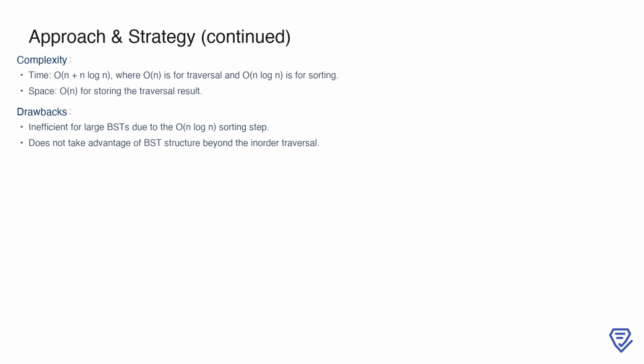The space complexity is O(n) due to the storage required for the traversal result. However, this approach has notable drawbacks. It is inefficient for large BSTs because it does not fully utilize the structure of the tree beyond the inorder traversal. The reliance on sorting adds significant overhead, making it suboptimal for larger datasets.